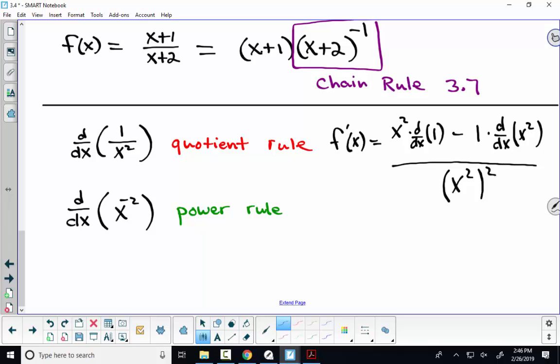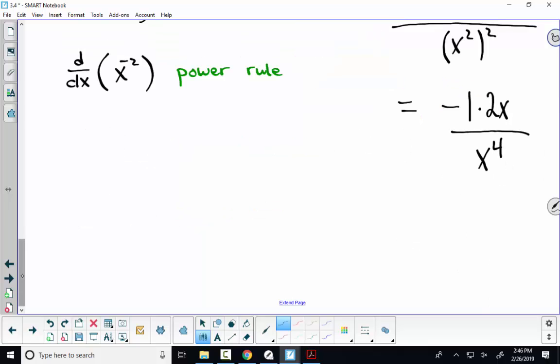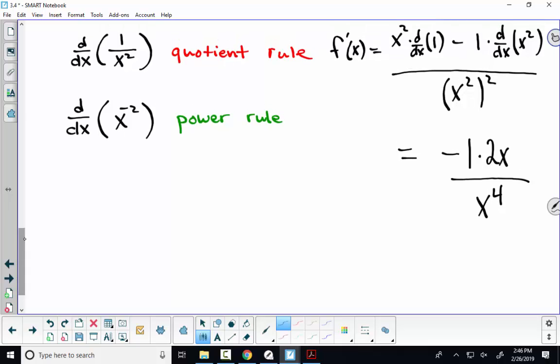So then this is x squared times the derivative of 1, which is 0, minus 1 times the derivative of x squared. And then we have all of that over x to the 4th. So you have negative 2x over x to the 4th, which can be simplified. And so we simplify that as negative 2 over x cubed.